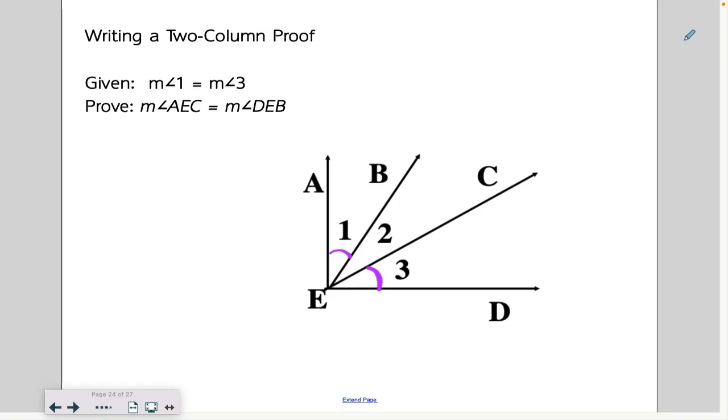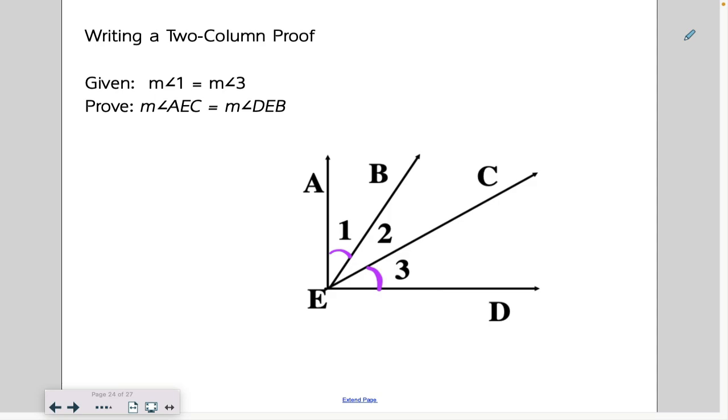Okay, so that's actually what you're going to be asked to prove right there. That diagram, given that the measure of angle 1 is equal to the measure of angle 3, what are they asking you to prove? The measure of angle AEC is congruent to the measure of angle DEB.